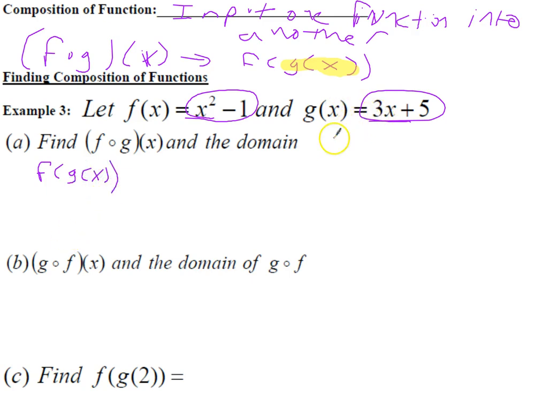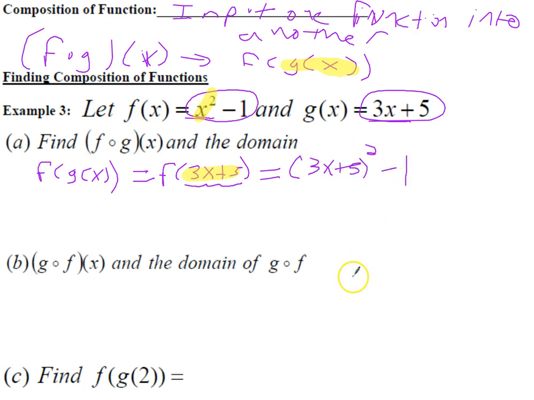Another way to think about this is g of x is 3x plus 5. So what we're doing is we're taking this value here, this 3x plus 5, and plugging it in anywhere we see an x in f. So what this does now, this turns into (3x plus 5) squared minus 1.